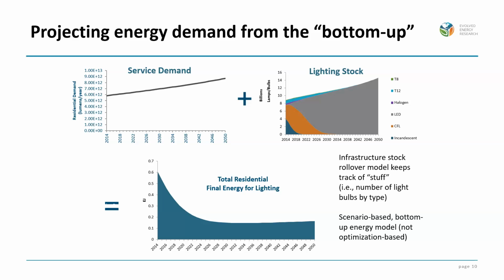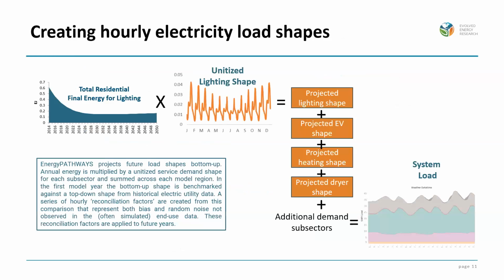And then we get final energy demand that we then multiply by essentially unitized shapes on a subsector basis. In this example, we've got a lighting shape, and this is a month-hour average of this lighting shape.